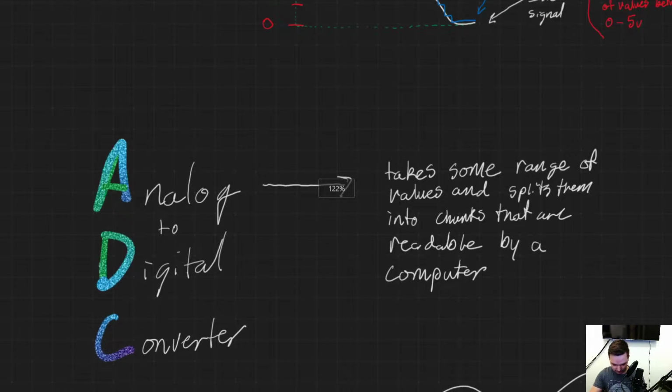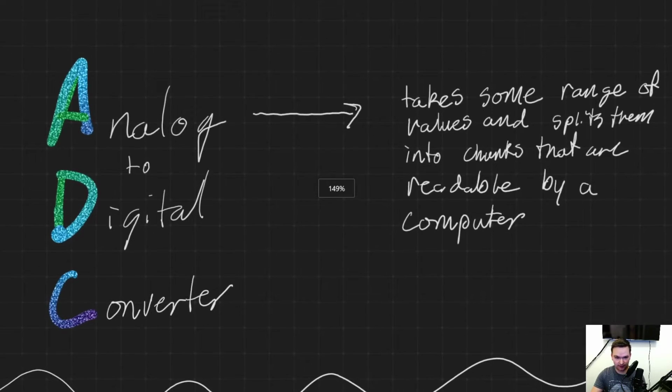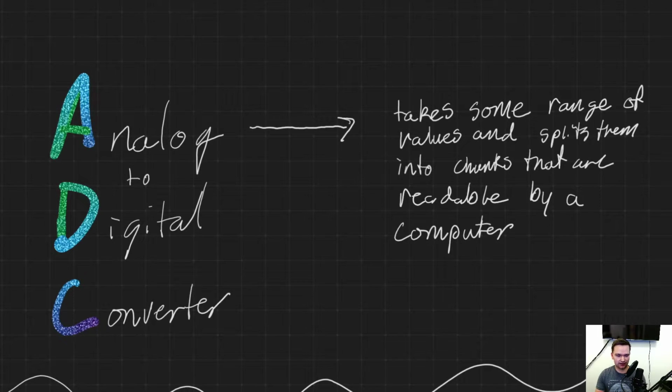Let's talk about analog to digital converters for a second. What is an analog to digital converter? Well, simply, an analog to digital converter is a component that takes some range of values that could be an infinite range of values. So maybe like a distance sensor. I'm measuring a distance from me to the wall in front of me.